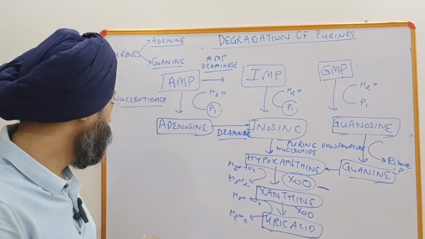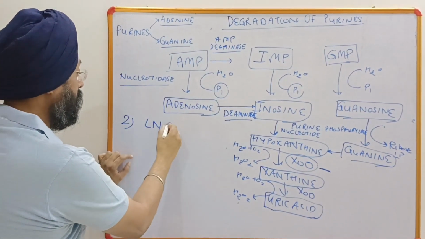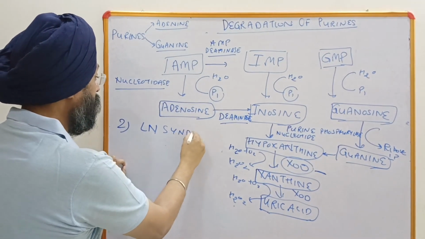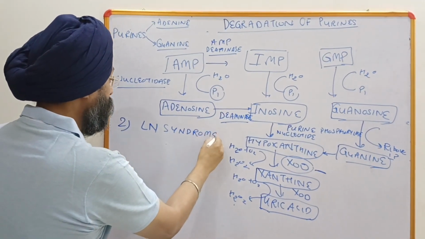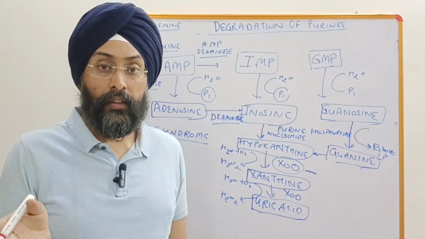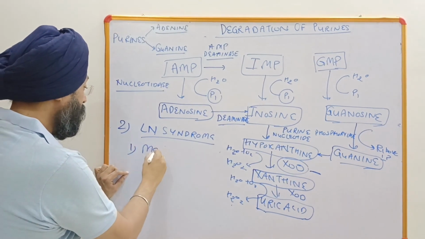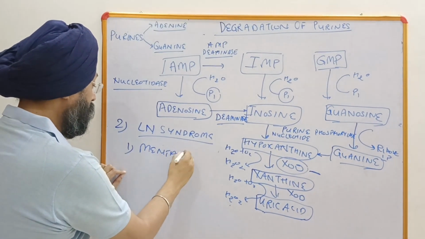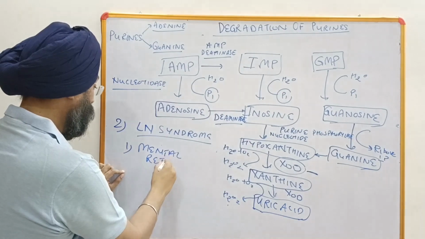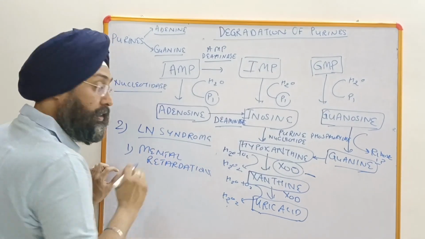Now the second disorder is Lesch-Nyhan syndrome. In this disorder, there is also hyperuricemia, but there are other characteristic features like mental retardation, right?